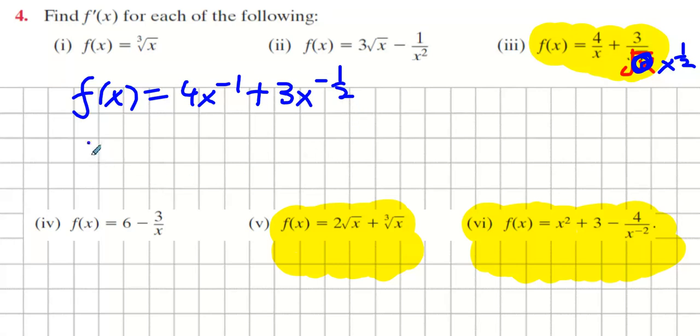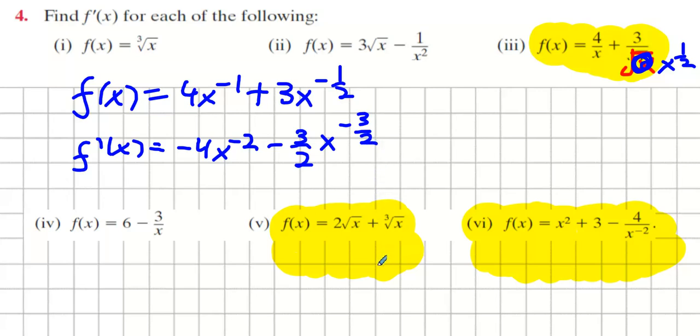Now we differentiate it. And I get minus 4, x minus 2. I get minus 3 over 2, x minus 3 over 2. Done. Anybody get there?